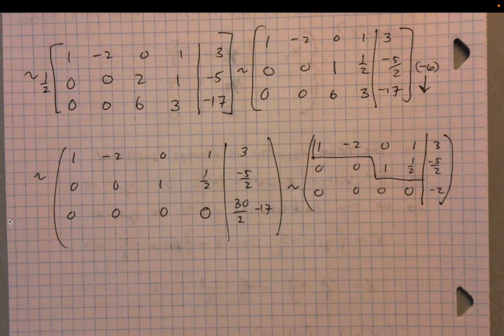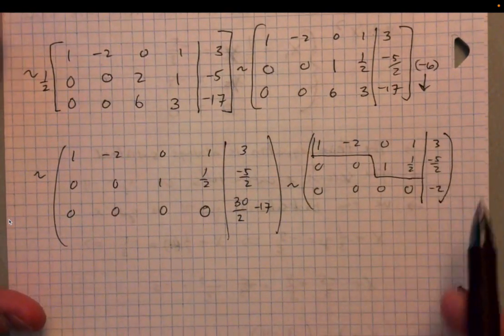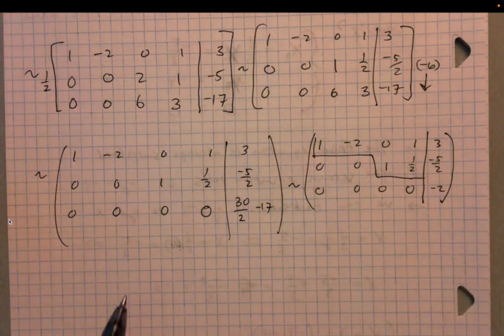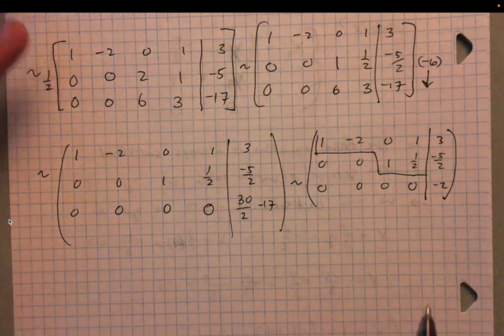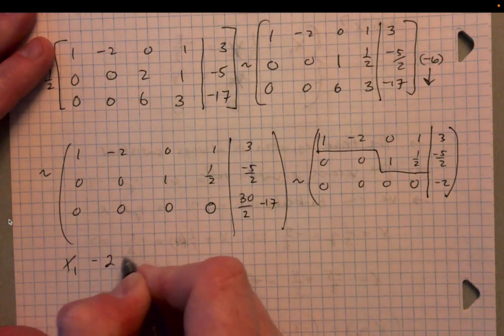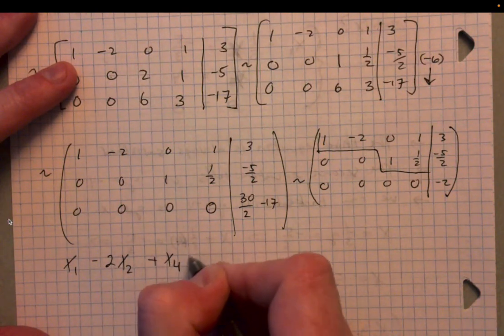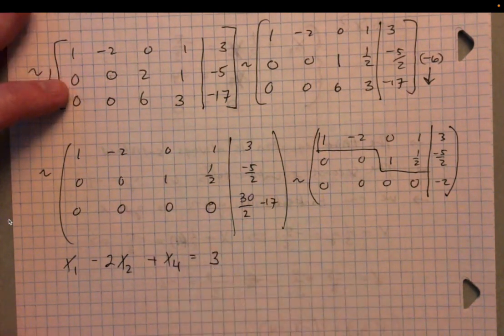So at this point, I want to take the augmented matrix and convert it back into the normal system notation that we're used to. Okay, and so that means I have x1 minus 2x2 plus x4 equals 3.